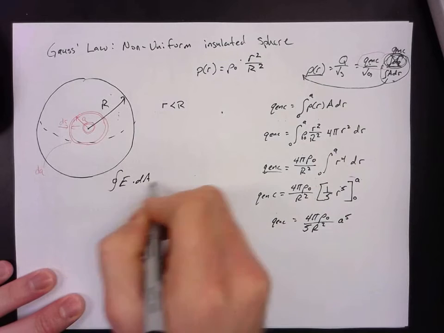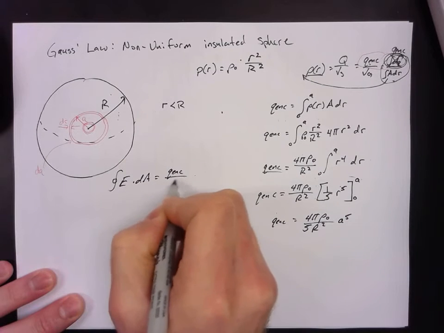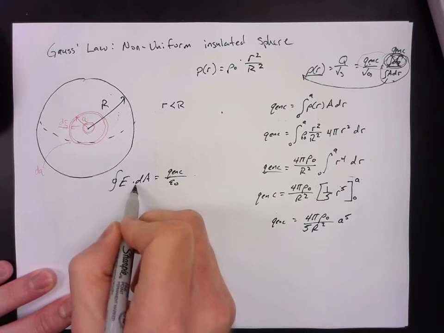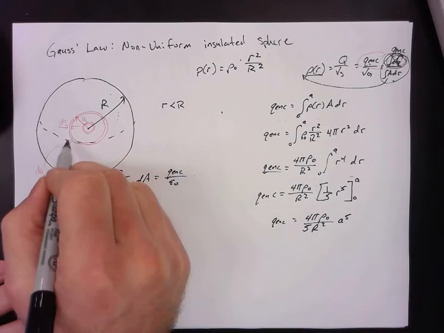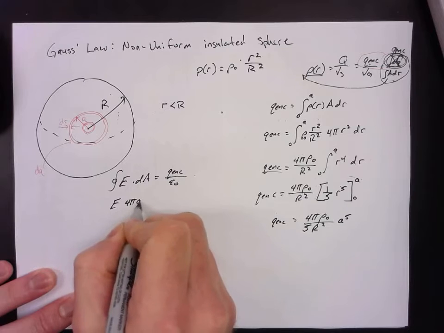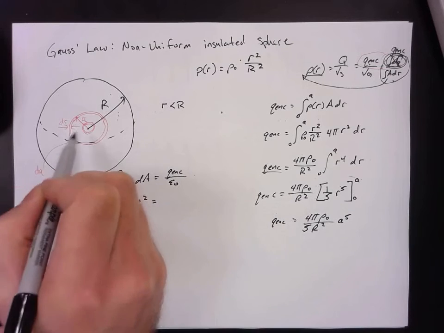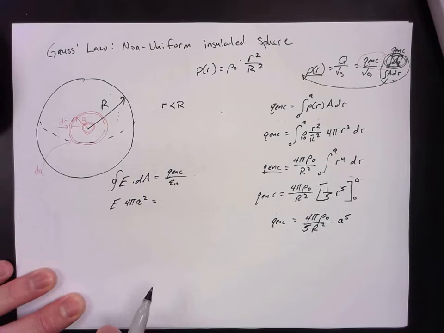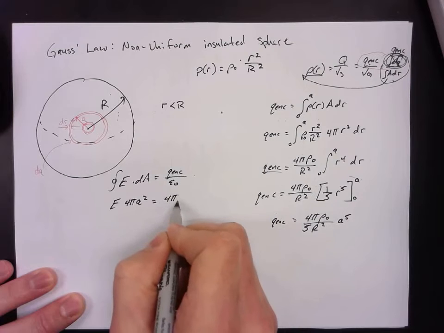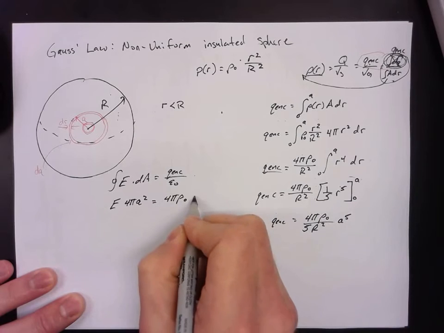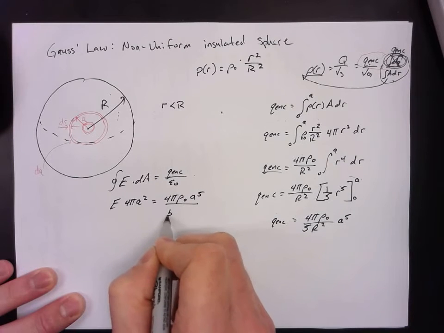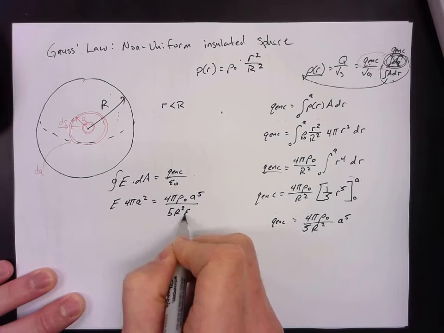Apply Gauss's law. The area of our Gaussian surface, again, is at distance a away. Substitute in the q enclosed: 4 pi rho naught a to the 5th over 5 R squared epsilon naught.